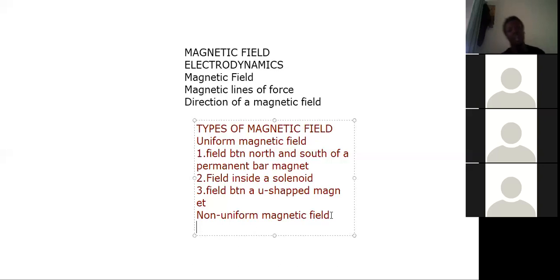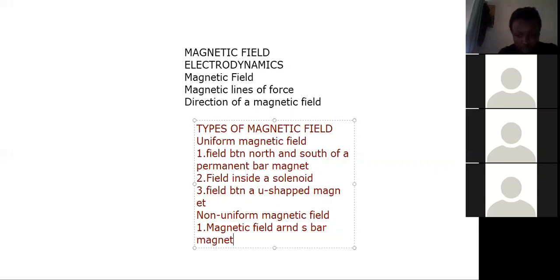Examples of the non-uniform magnetic field are the magnetic field around a bar magnet, and number two, the magnetic field around a solenoid.